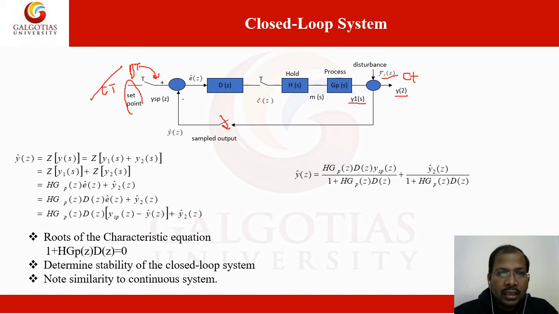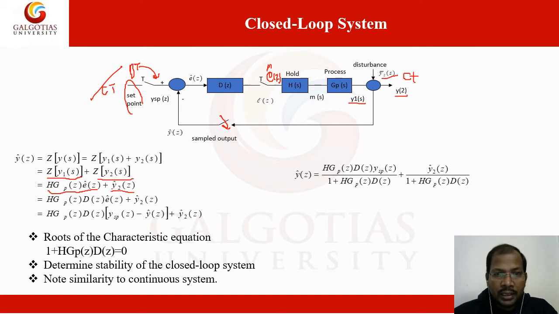So we can write it in the form Z transform of Y1(S) plus Z transform of Y2(S), because the two signals are different and not connected in cascade. Y1(S), as discussed previously, is HP(Z) times E cap(Z), which is the input.